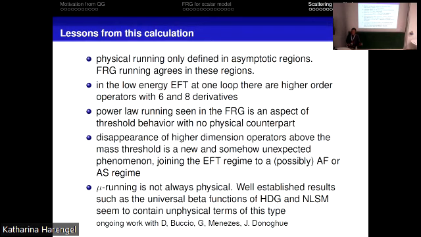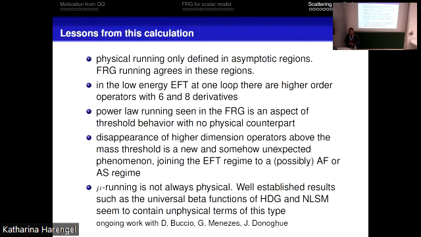Instead, you see these operators with 6 and 8 derivatives. The power running that you see in the FRG at low and intermediate energies, you can think of as being a part of the threshold behavior where there is no definition of physical running. So it is some mathematical interpolation that you shouldn't attach any physical meaning to.